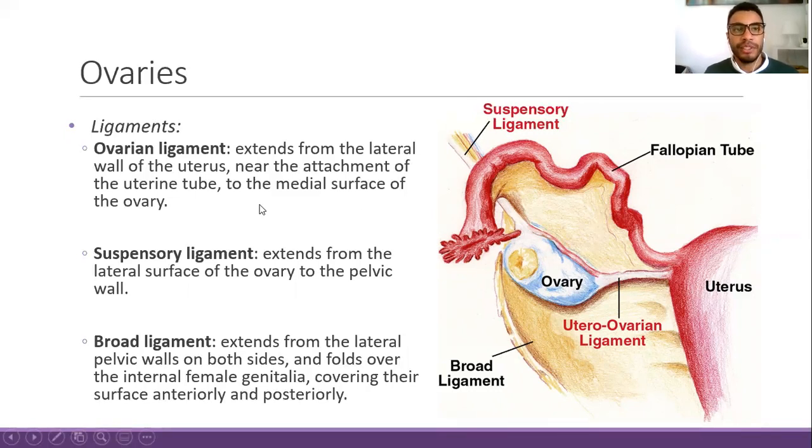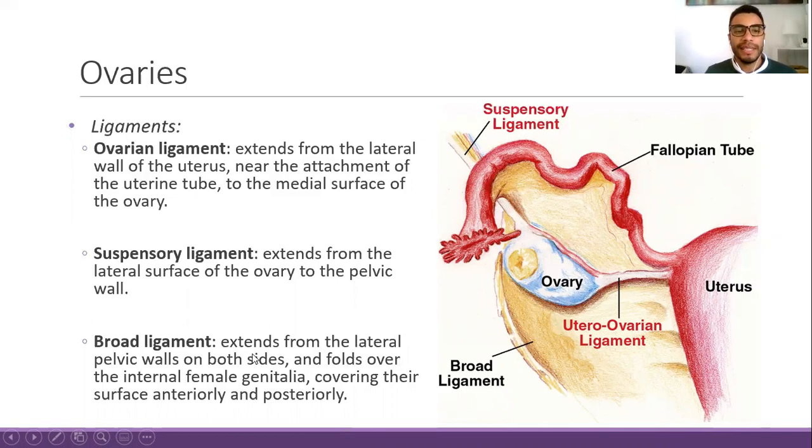Because the ovarian ligaments, those ligaments here that we see, are considered an extension of the peritoneum. We have the suspensory ligament, which extends from the lateral surface of the ovary to the pelvic walls. Okay, so this goes up in here.